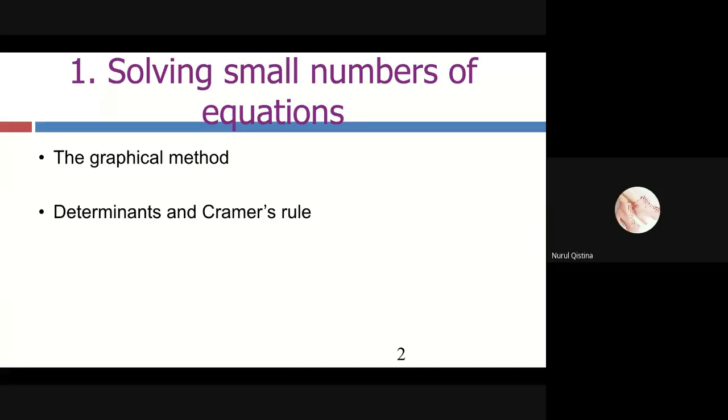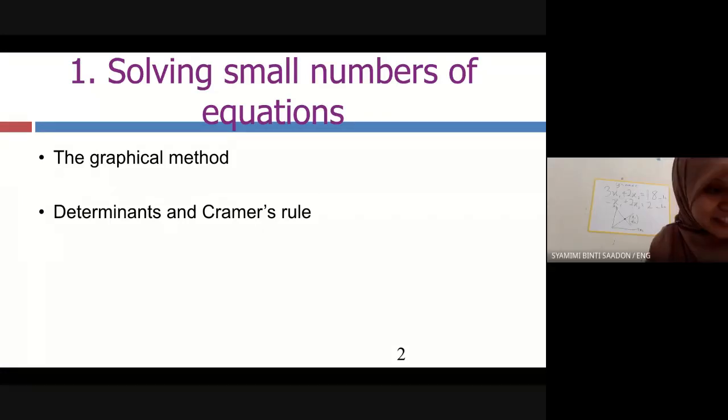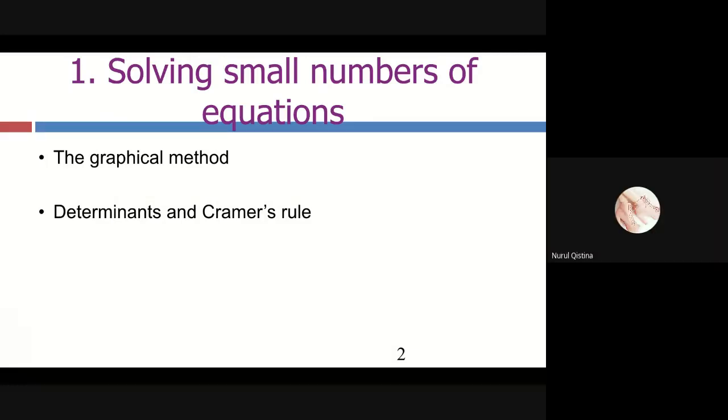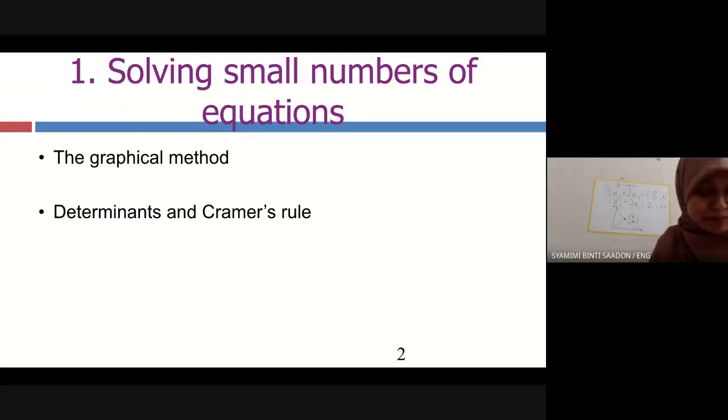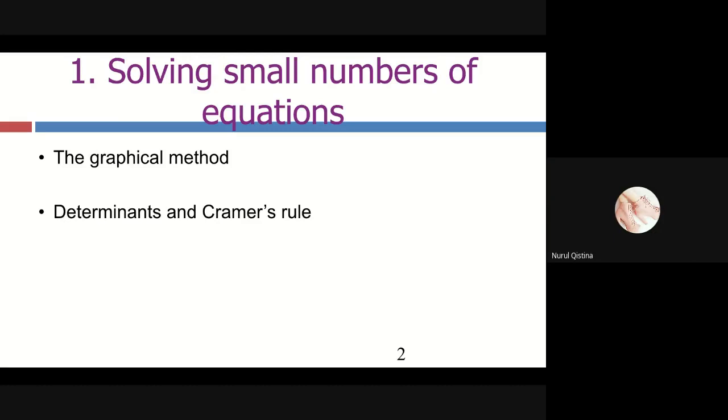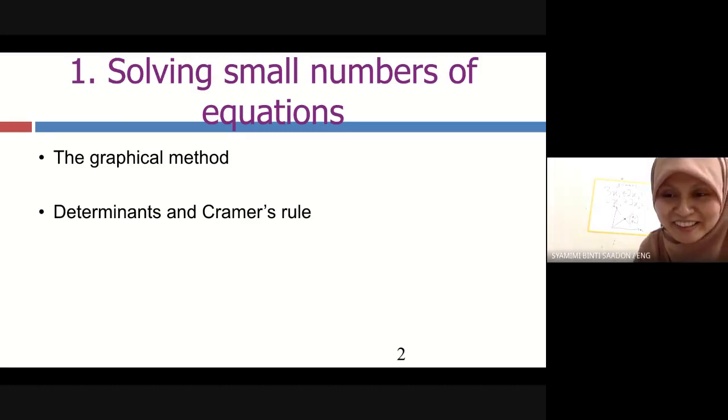Maybe x2. So for x2 you just replace the x1 in the equation, right? How much? What? Sorry, I can't hear much. 3? Did you answer?